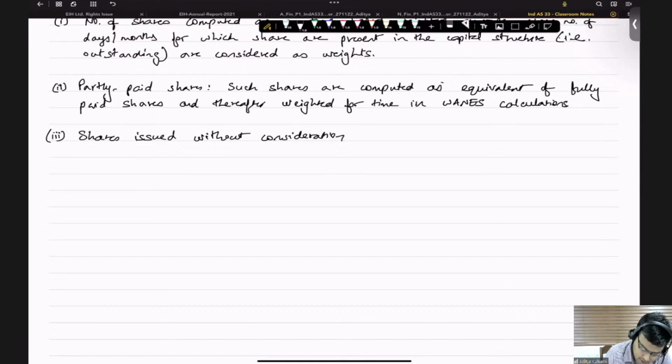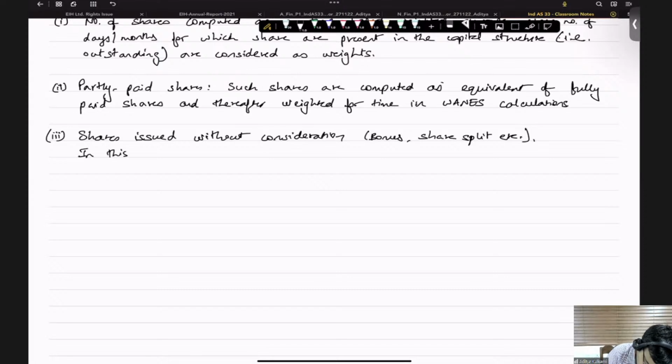Shares issued without consideration. We call this a bonus or a share split. You can call it whatever you like. Bonus, share split, etc.